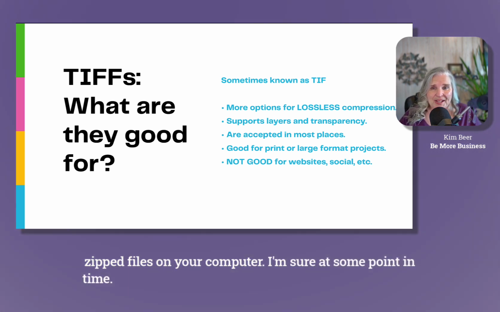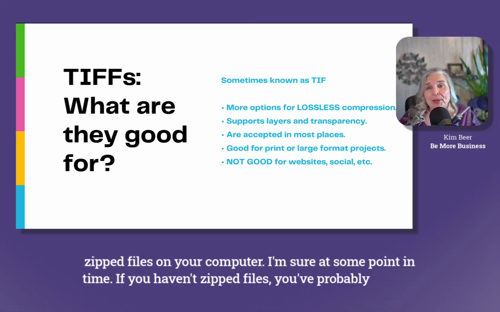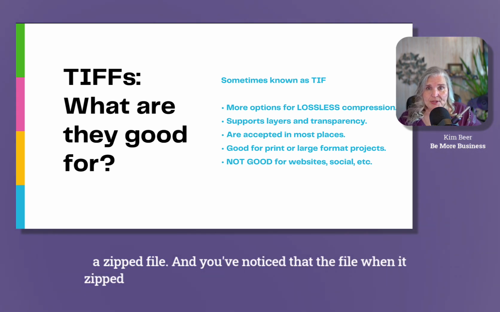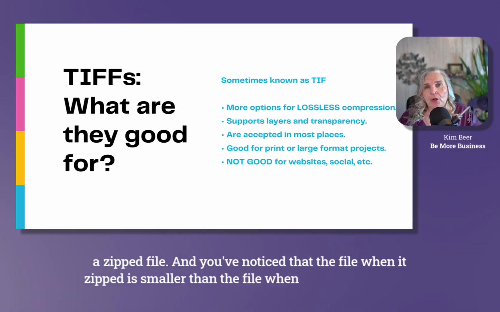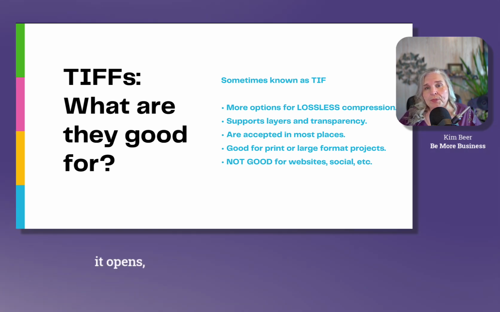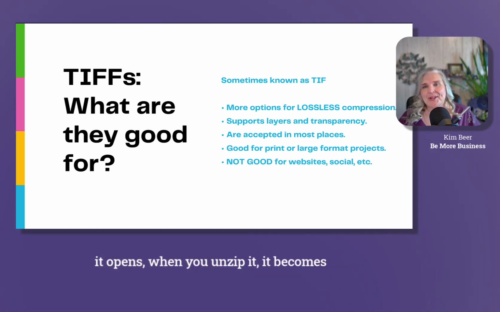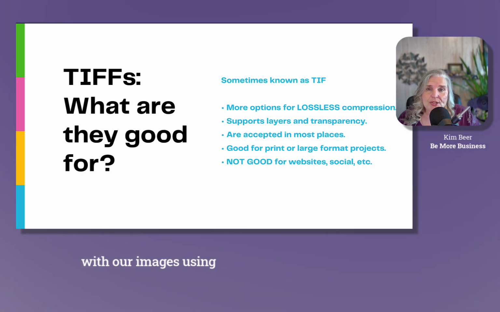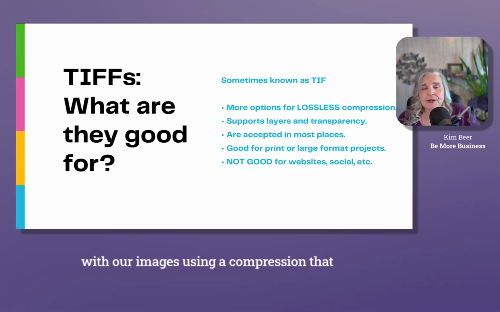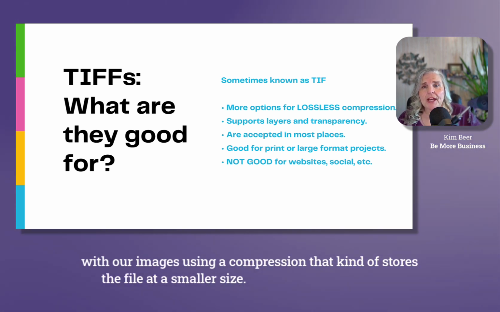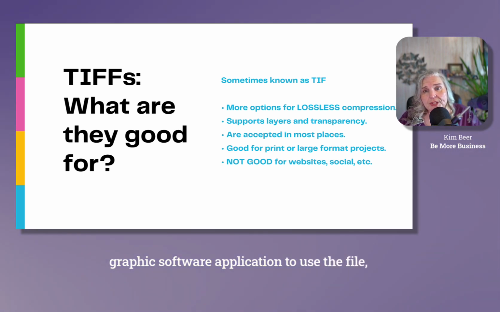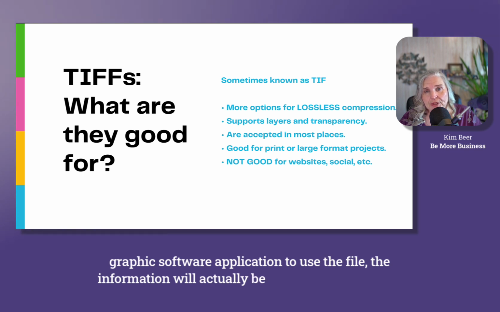I'm sure you've probably opened a zipped file and noticed that the file, when it's zipped, is smaller than when you unzip it, when it becomes much larger. Well, TIFF offers us the capability of doing that with our images, using a compression that stores the file at a smaller size, but when we open it in a graphic software application, the information will actually be there.